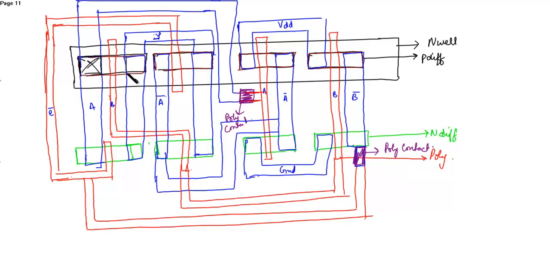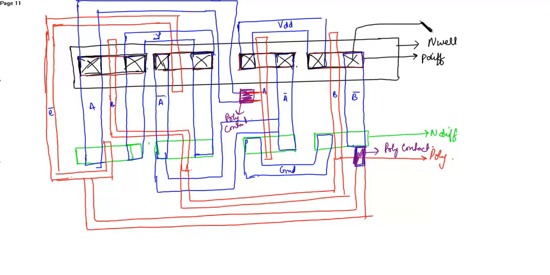This is the P diffusion contact. You have to place all the diffusion contacts first and then the substrate contacts. So similarly, you have to place the contacts over here.